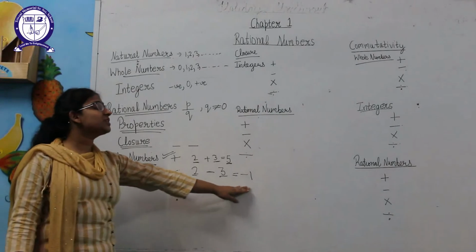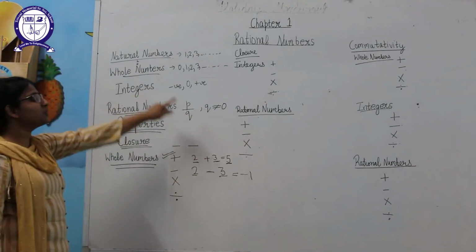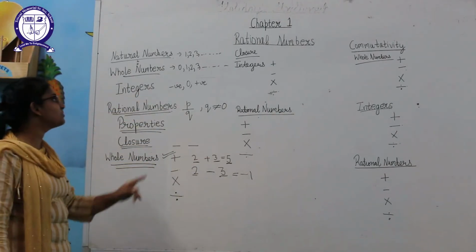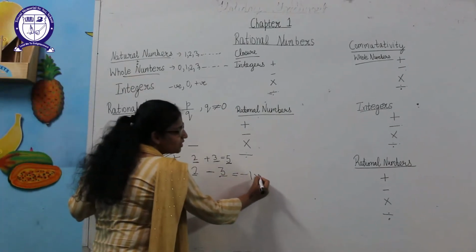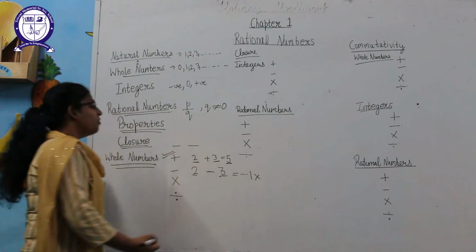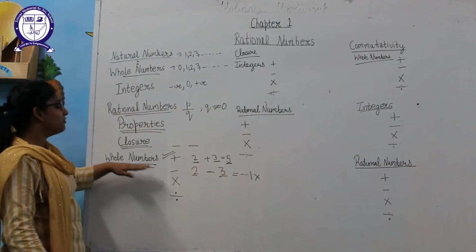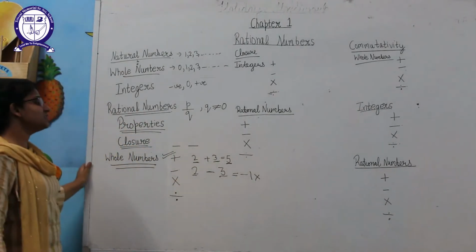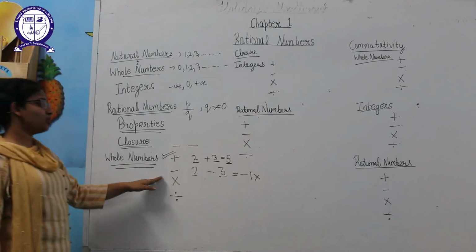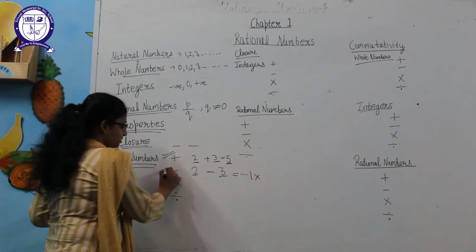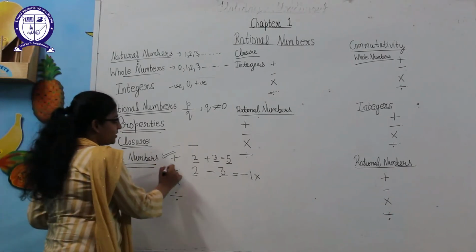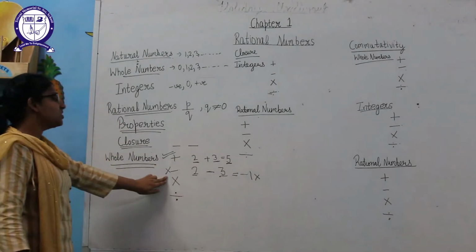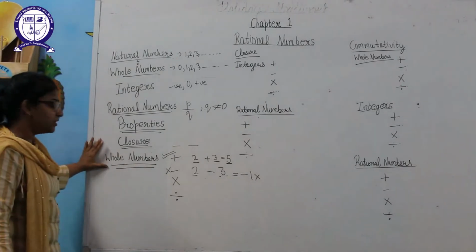No. Minus 1 comes in the category of integers because it is negative, but it does not come in the category of whole numbers. So minus 1 is not a whole number. So for the case of whole numbers, subtraction is not closed. It means subtraction does not close under whole numbers.